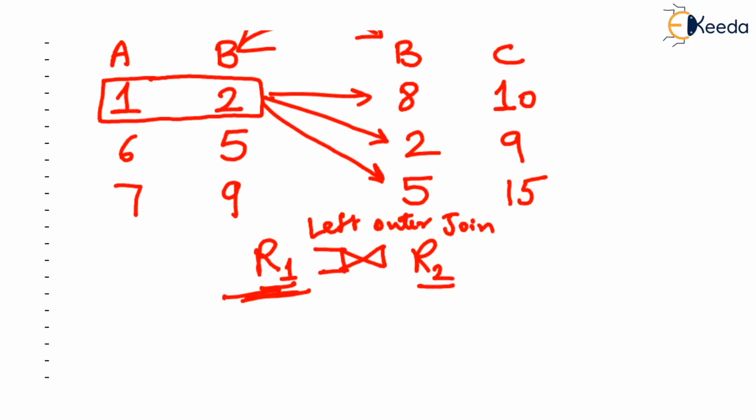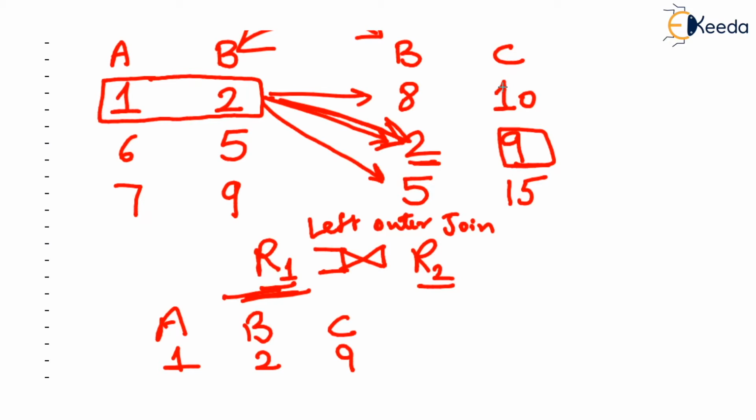This row here matches 2. So in the result, we will have A, B, and C. B will be listed only once, and we will have 1, 2, and 9. Here is that 9 which is listed from C. Good. That means this row 1, 2 has been shown in our result because the match for B was found.